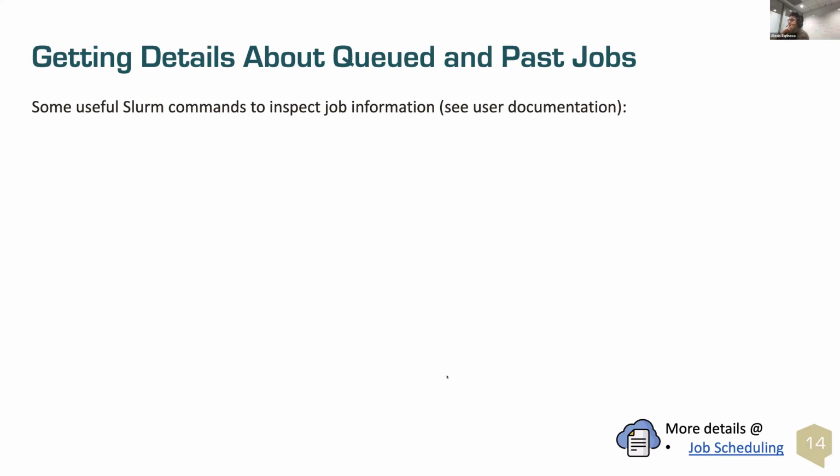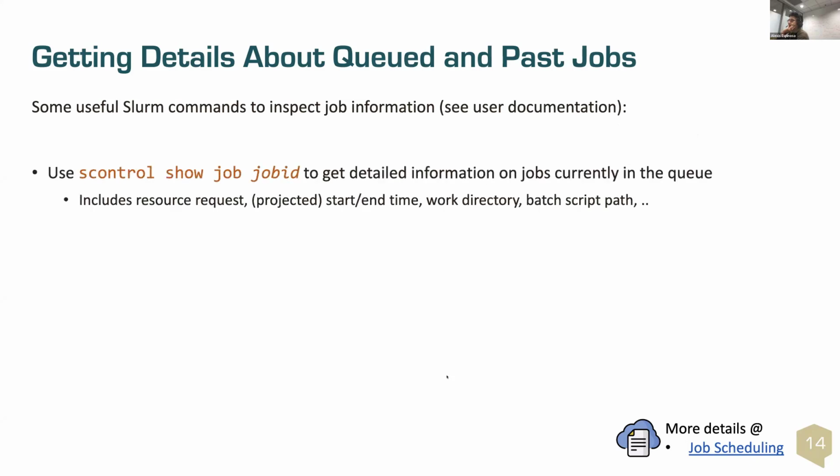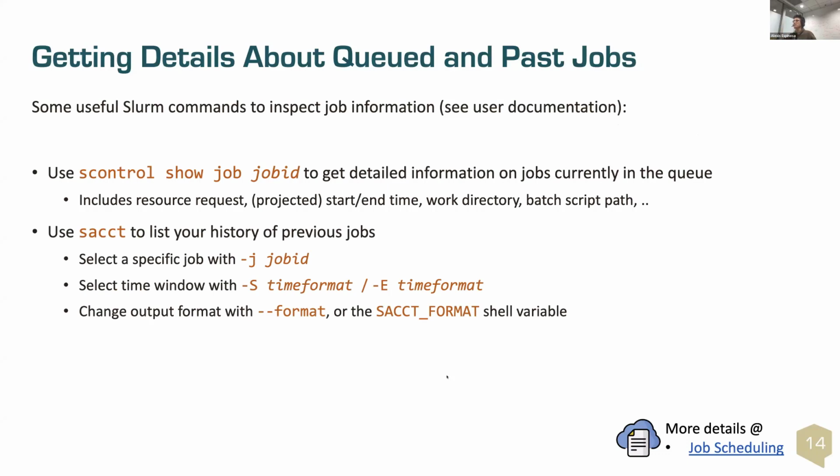So what about if you want to know something about past jobs, or some other information about the jobs that are running or in the queue? There are two other commands, scontrol and sacct, like saccount, to check for the history of the job.